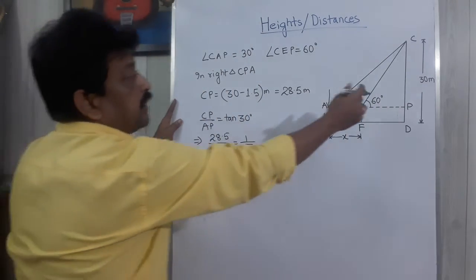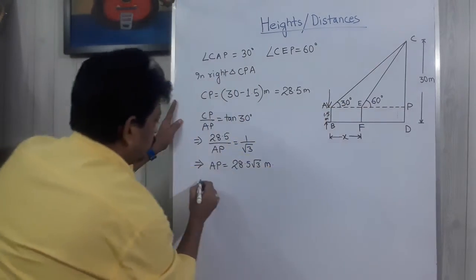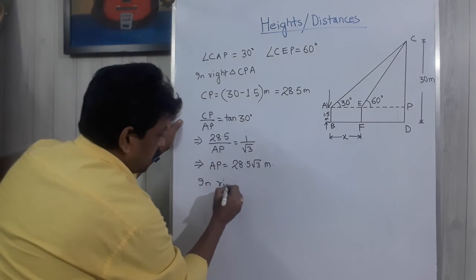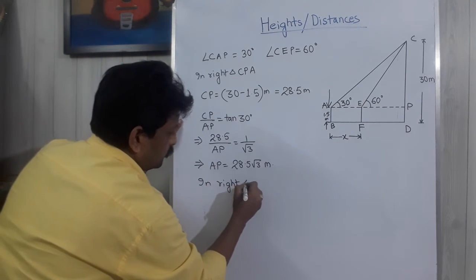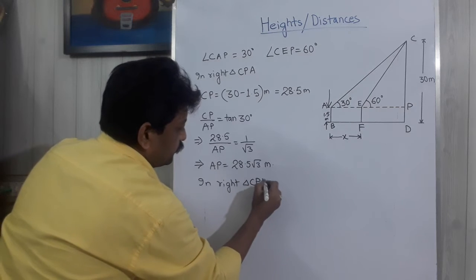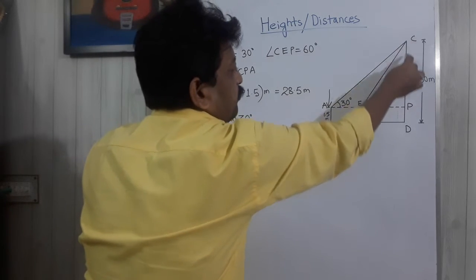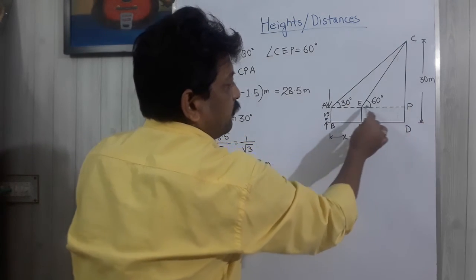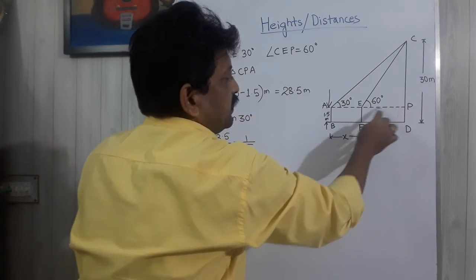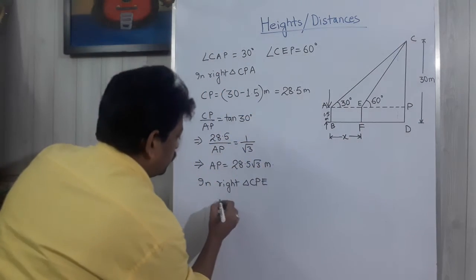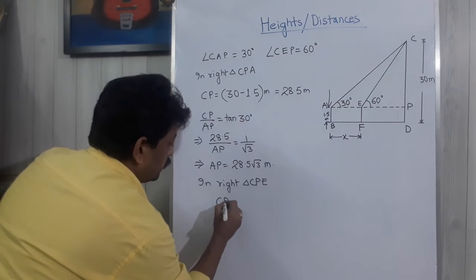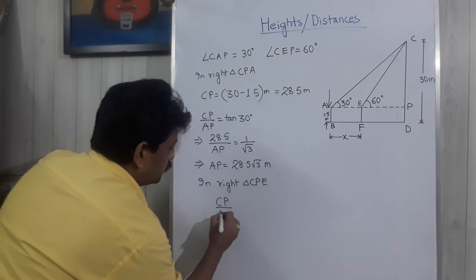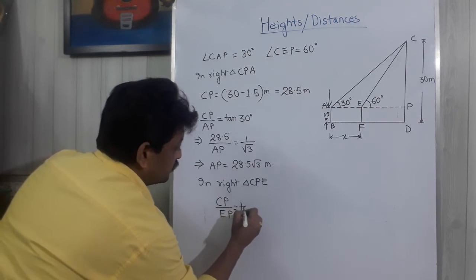Now the right triangle CPE. In right triangle CPE, here also the perpendicular is known. We have to find the base. So perpendicular upon base is tan theta. That means CP upon EP equals tan 60.